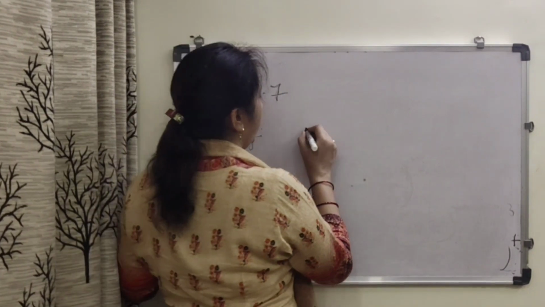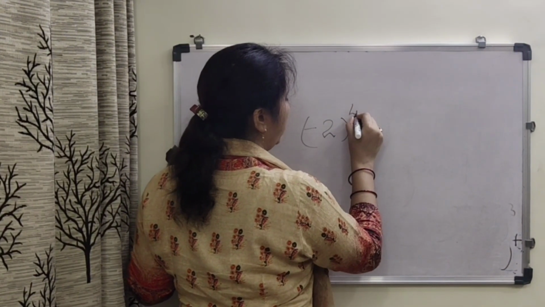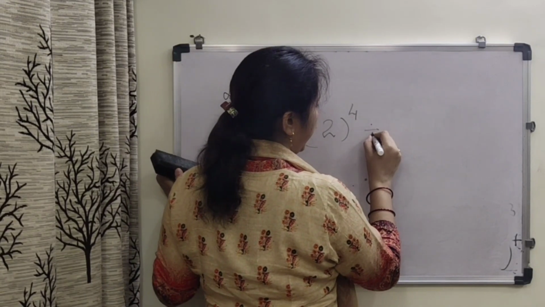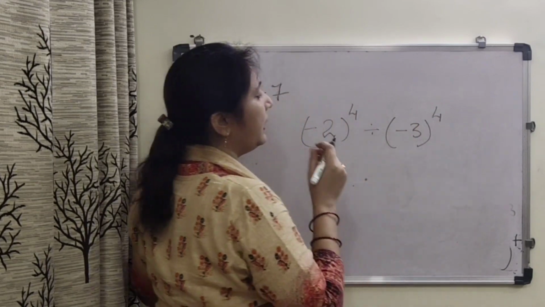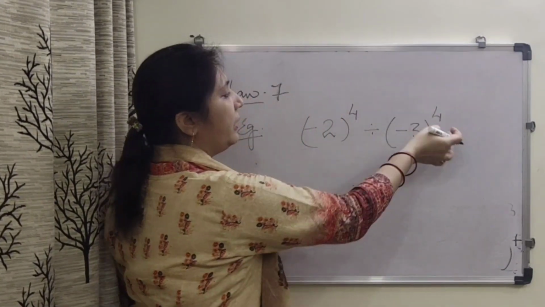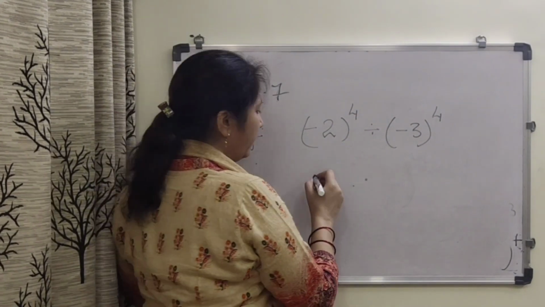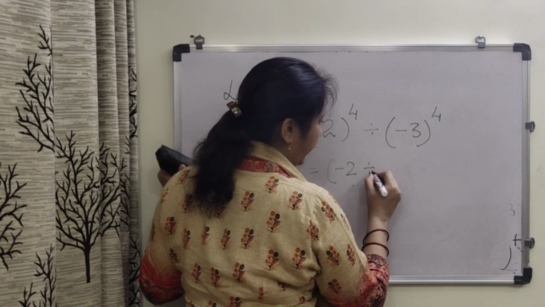For example, say you have minus 2 to the power 4 divided by minus 3 to the power 4. Children, you can easily see bases are different but exponent is same. So as per rule, what we do, we write the bases in the same bracket.